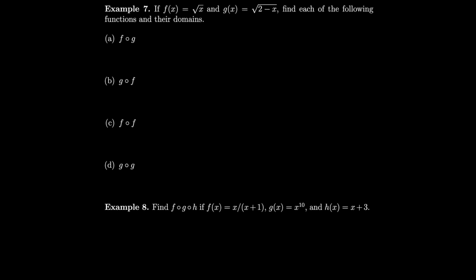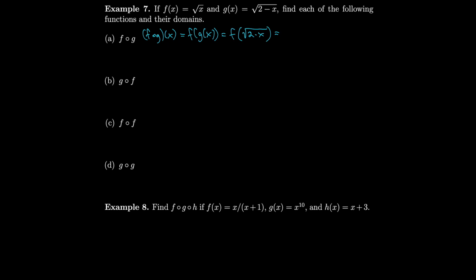Okay, if f of x equals square root of x and g of x is square root of 2 minus x, let's find each of the following functions and their domains. So first, f composed with g. F composed with g of x, by definition, is f of g of x, which is f of square root of 2 minus x, which is, let's see, we're plugging in square root of 2 minus x into square root of x, right over there.